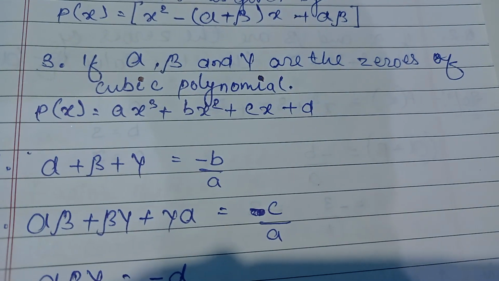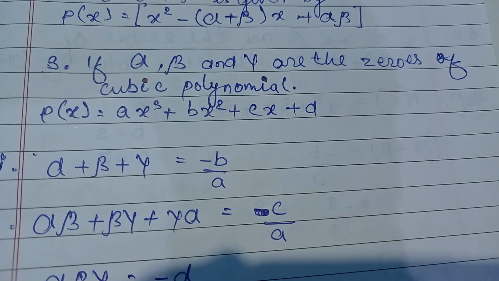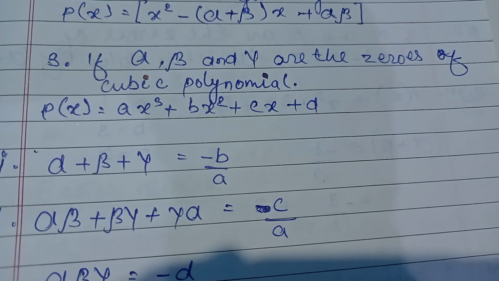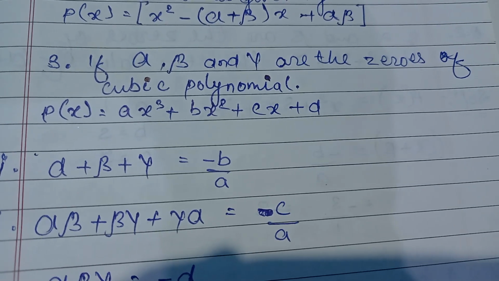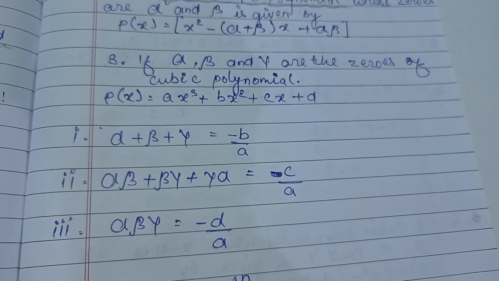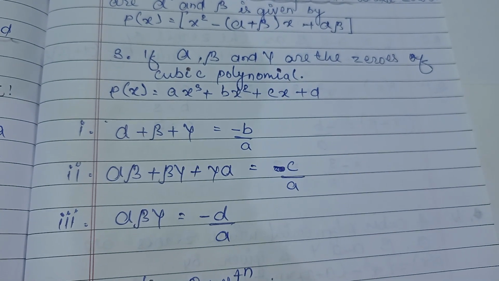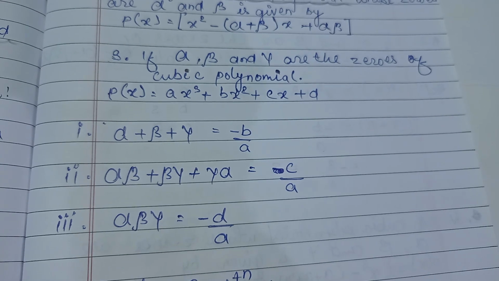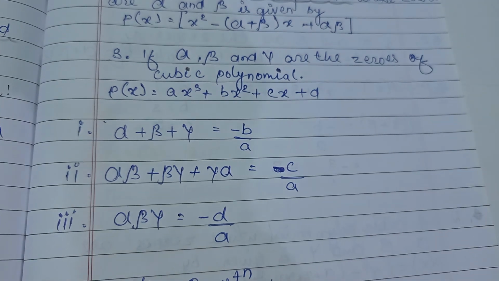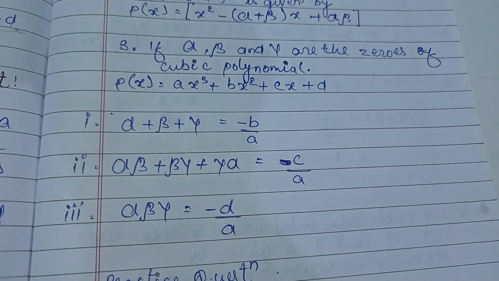Next, if alpha, beta and gamma are the zeros of the cubic polynomial p(x) = ax³ + bx² + cx + d, then alpha plus beta plus gamma is equal to minus b by a; alpha beta plus beta gamma plus gamma alpha is equal to c by a; and alpha beta gamma is equal to minus d by a.